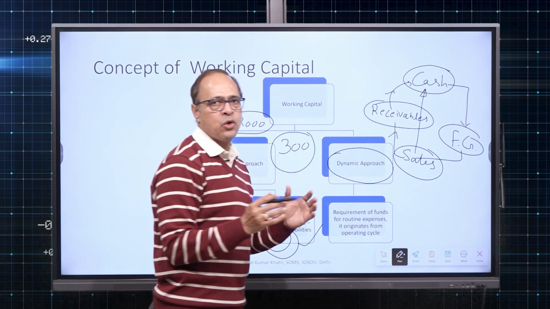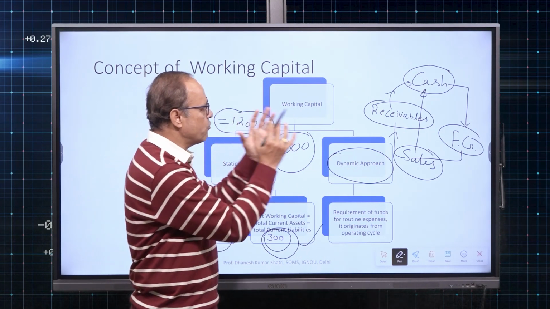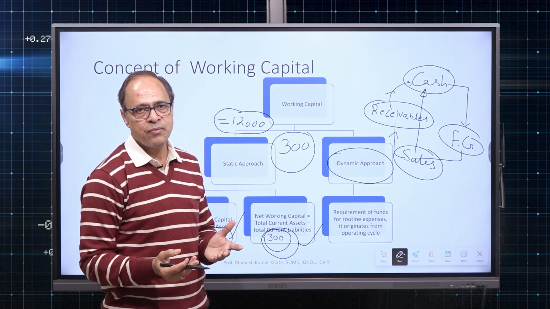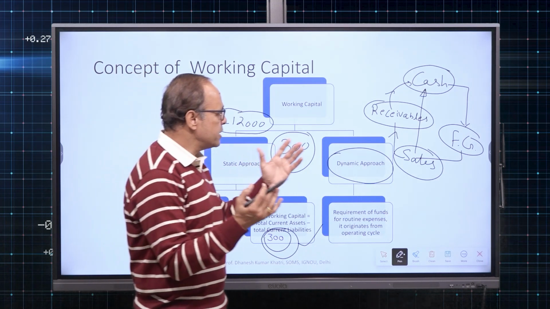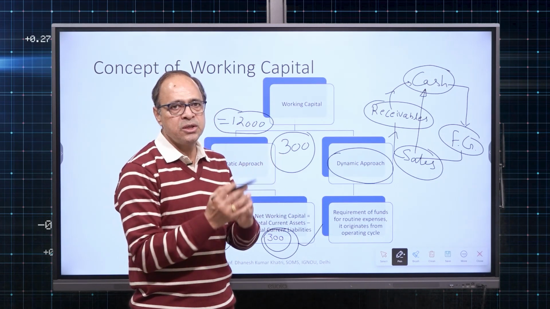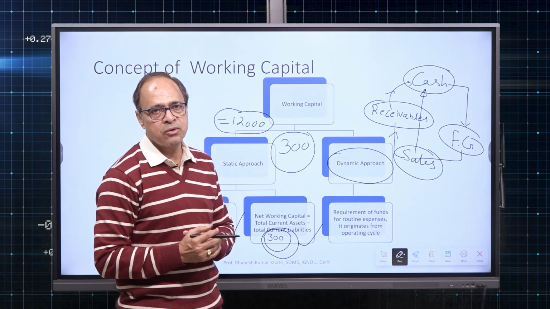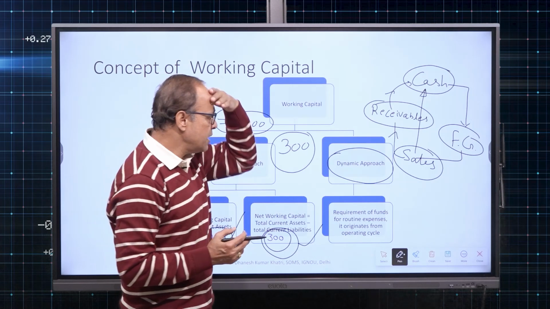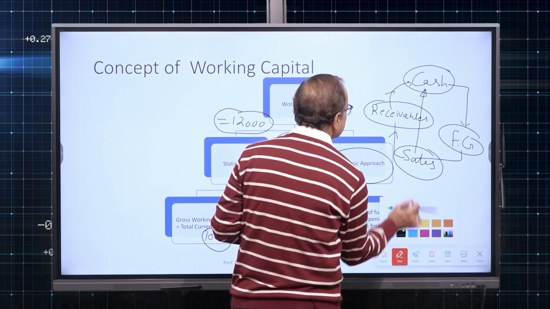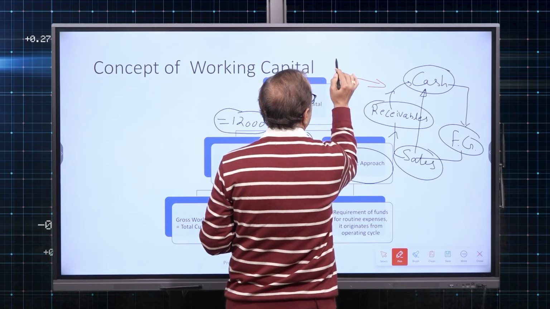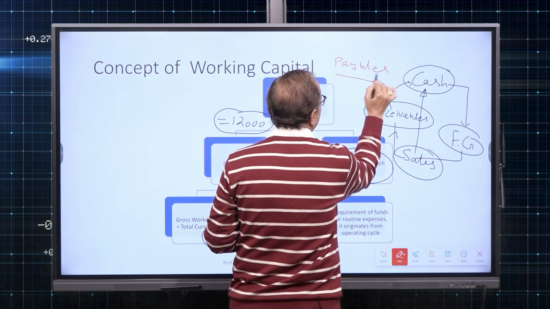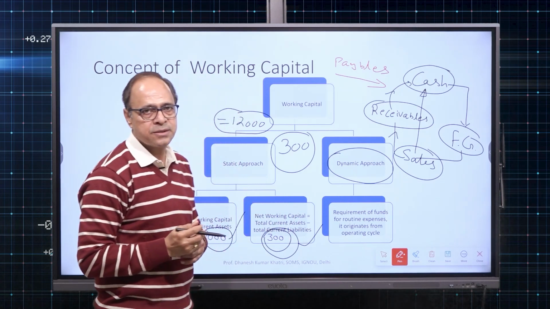And the duration of the operating cycle, and the activities involved in it, will affect the requirement of working capital. In general, the longer the duration, the higher the requirement of working capital. The shorter the duration, the lower the requirement. And the same is affected by trade payables also, that is accounts payable, or you can say sundry creditors.